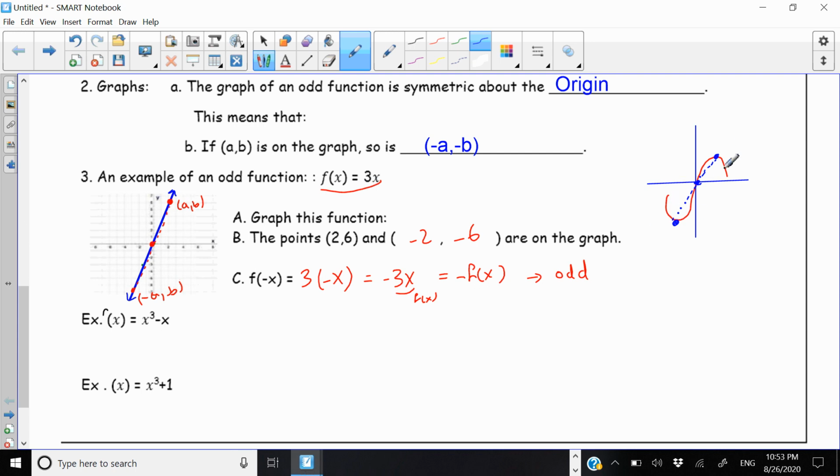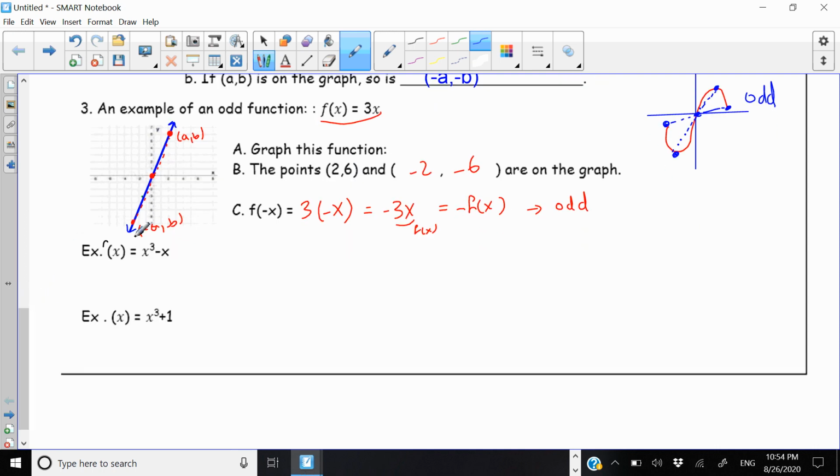Of course, my graph is not very accurate, but you can just imagine it's accurate, and you see the symmetry of any point on the graph is going to be on the other side, and it's also located on the graph. For example, this point, again, the symmetry of that is going to be here on the graph as well. So by looking at the graph of this function, I can say that it's symmetric to the origin, so it's an odd function.